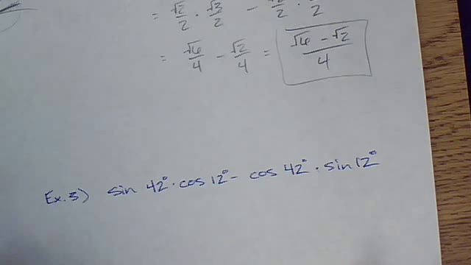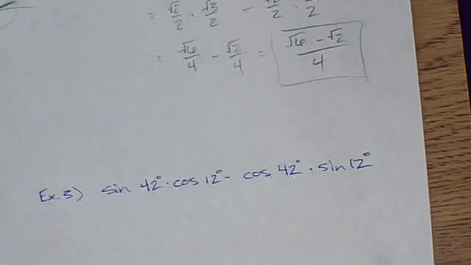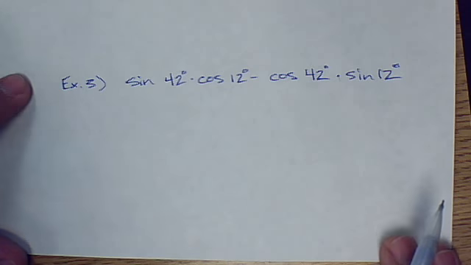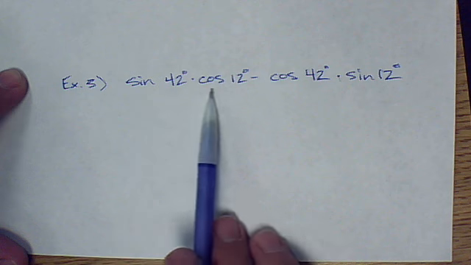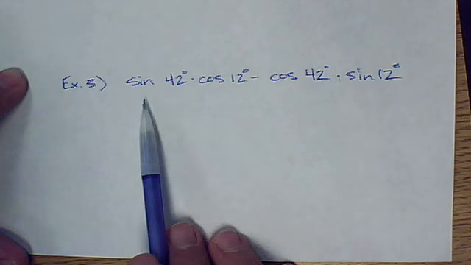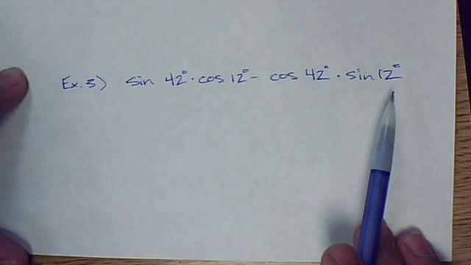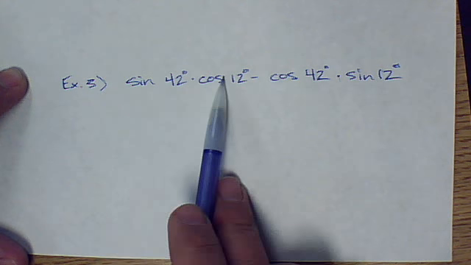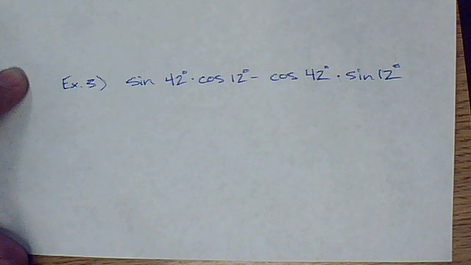Okay? Sometimes you're working it backwards. Here's an example where you just need to notice that they're using the difference formula for sine. Because it's sine cosine, that tells me that it's sine, and it's minus here, so we know it's a difference.